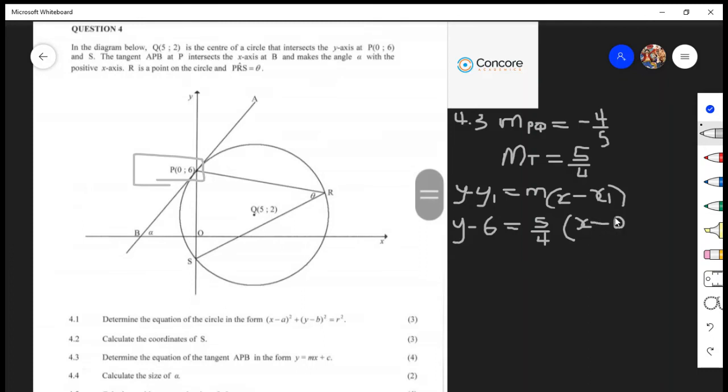So y is then equal to 5/4 x, and when you transpose -6 to the right hand side, you get +6. So this is our equation of our tangent line, right? Equation of a tangent. Does everyone understand this way before I move on to the other way?